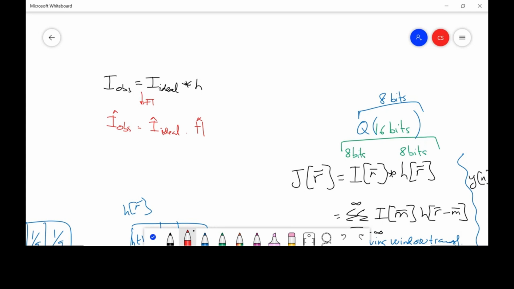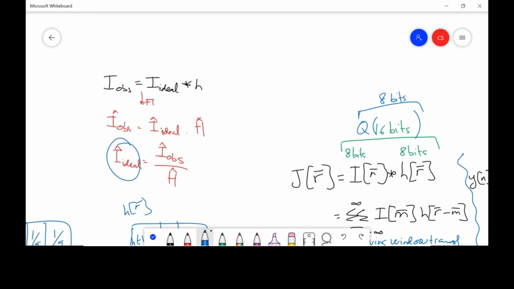So you can say the Fourier transform of my ideal image has to be the Fourier transform of my observation divided by the Fourier transform of my kernel. And this will be an estimate of the ideal image.